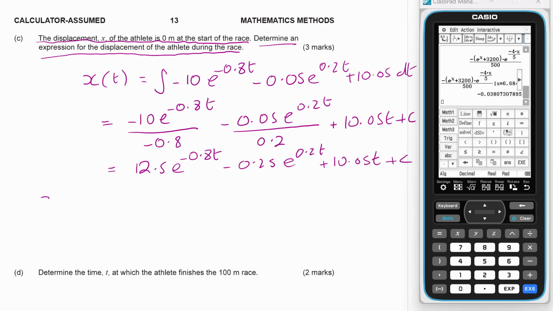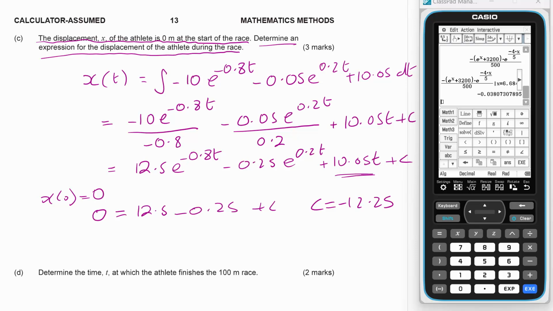But we know that x of 0 is equal to 0. So 0 is equal to, e to the 0 is 1, so it's going to be 12.5, take away 0.25, this bit will be 0 if t is 0, plus c, and that gives me that c is negative 12.25.